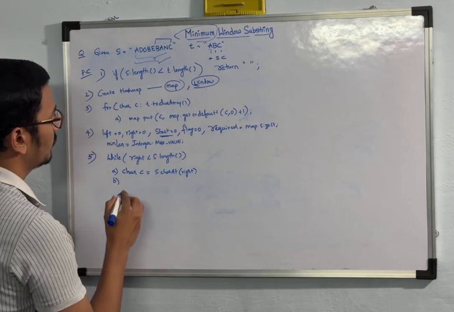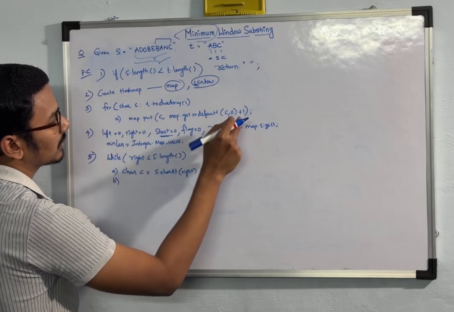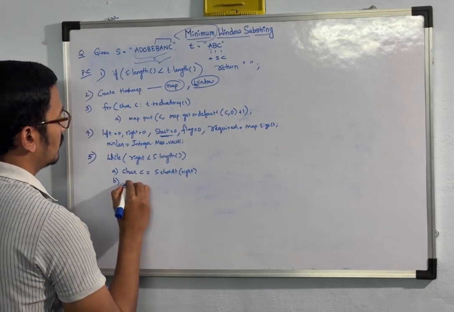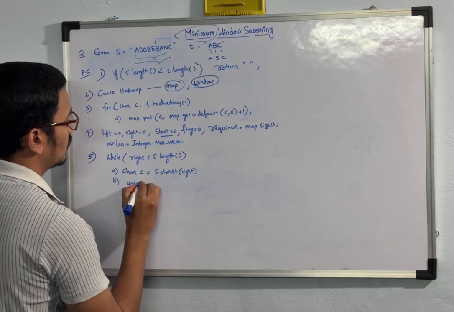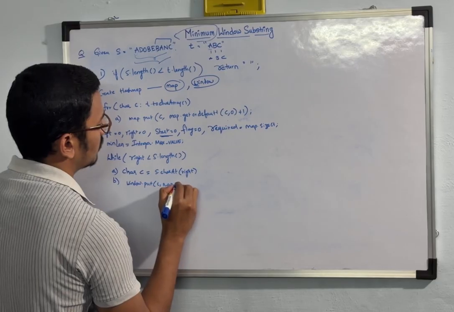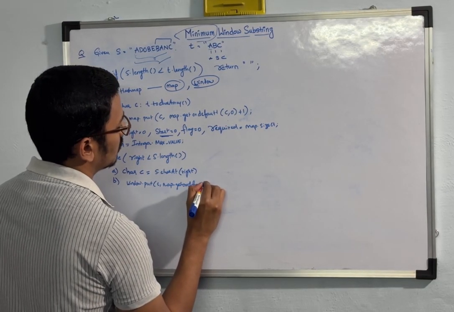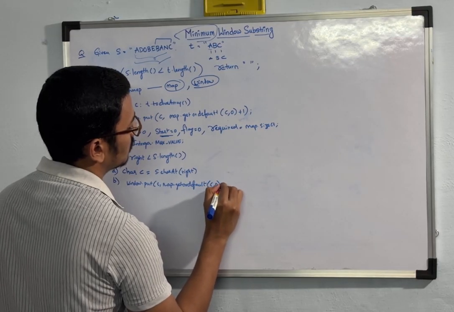So what I do, same thing as we have done here, map.put c comma map.getOrDefault, this thing. Similarly, window dot put c comma window.getOrDefault c comma 0 plus 1.